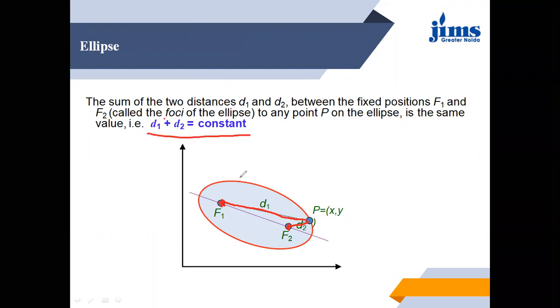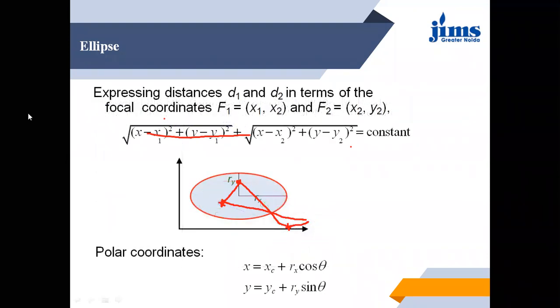If I take this point over here and calculate the sum of this distance plus this distance, then it will also be the same. Means for any point on the ellipse, the sum of distances from both the foci will be a constant number.